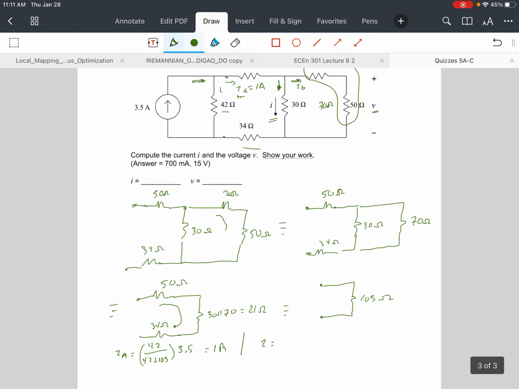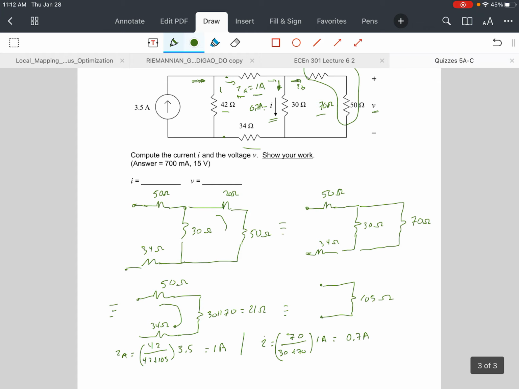I is equal to, we do the opposite, 70 divided by the 30 plus 70, and that's all multiplied by this current, which is getting divided between the two, so times 1 amp. This is 70 divided by 100, which is 0.7 times 1. So I is 0.7 amps.